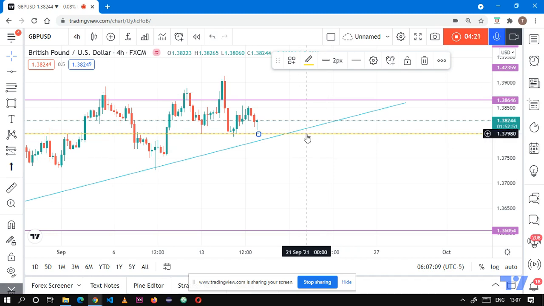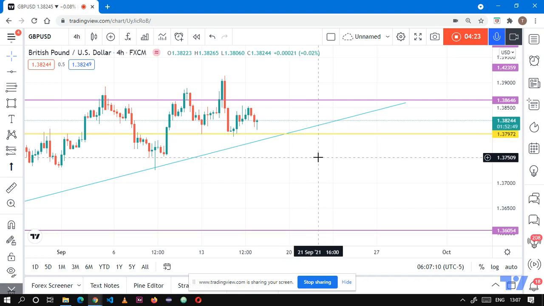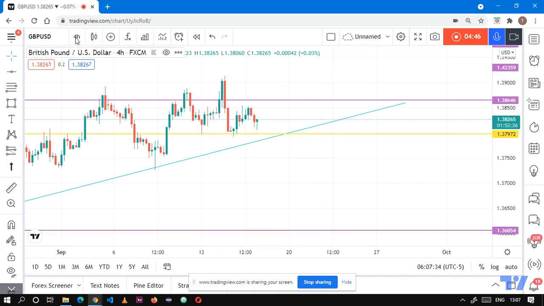The significance is that you don't confuse yourself as to whether this level is significant enough for me to enter, or is just a confirmation for an entry or for a structure break. They use it for different things. Personally, it works for me because I like to keep my work very clean and clear.